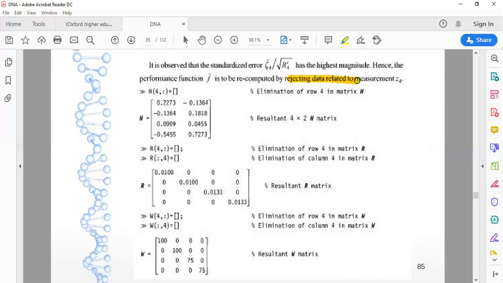We have rejected the data related to z4. So now we have only 4 measurement devices. So the measured variables are 4. Hence, we have a 4 cross 2 matrix, because the size of H is m cross n. Now we can calculate the value of R, which is nothing but 1 by the weighting matrix.